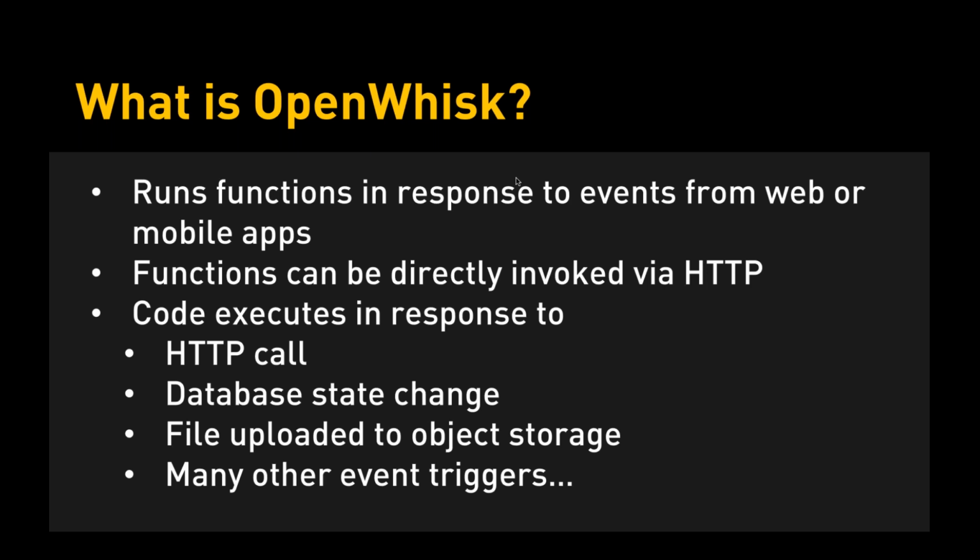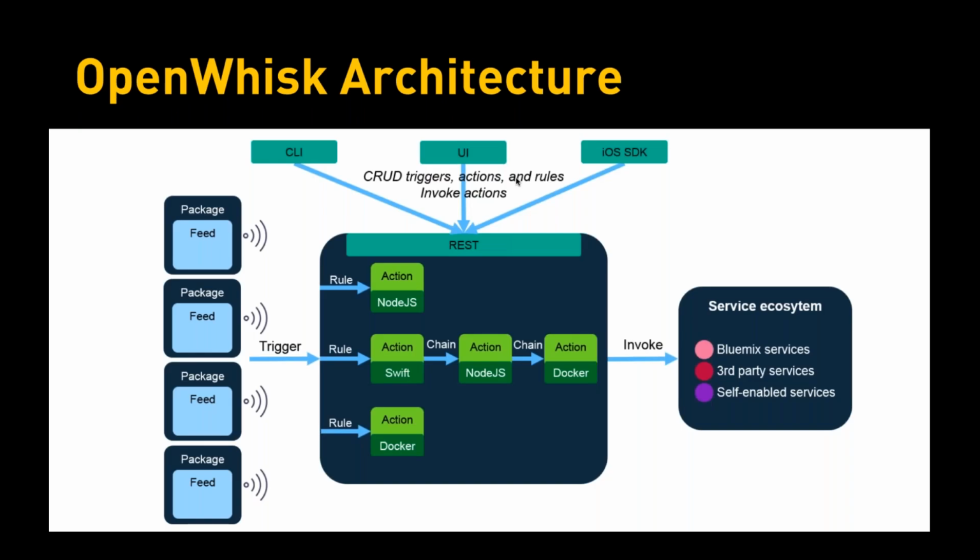It's very easy for you to integrate the webhooks of Minio with OpenWhisk. So every time a file is uploaded to object storage, you can trigger an OpenWhisk function that can, for example, format it into a PDF or change the resolution of an image, and can do a variety of things. You can also integrate this with many other event triggers, particularly from the IoT, web, and mobile scenarios.